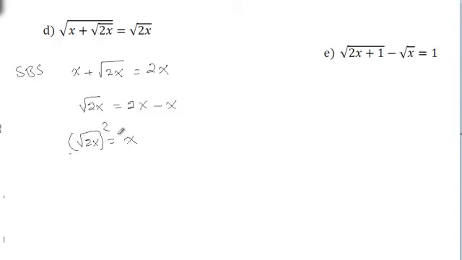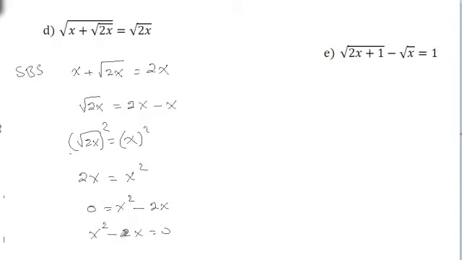You get radical 2x squared equals 2x, x squared is x squared, so x squared equals 2x. We bring everything to one side equals 0. So x squared minus 2x is equal to 0, in the proper form that we know.